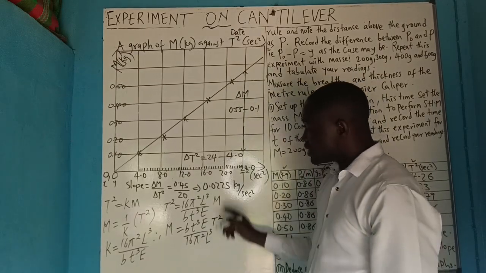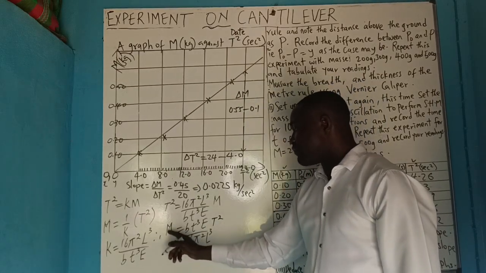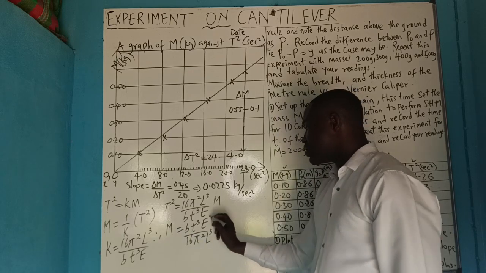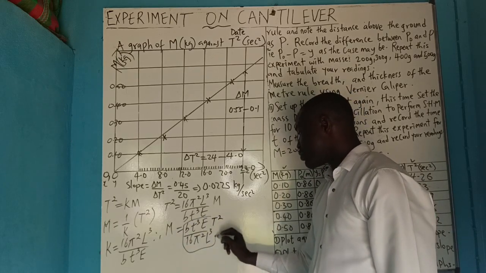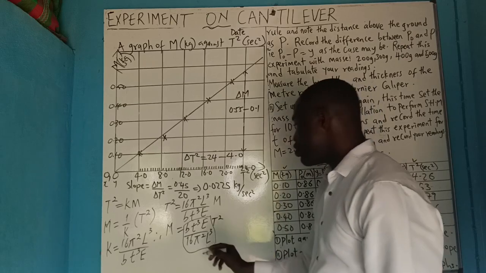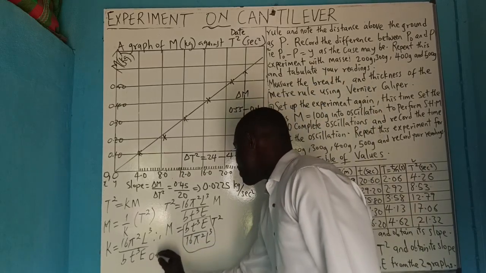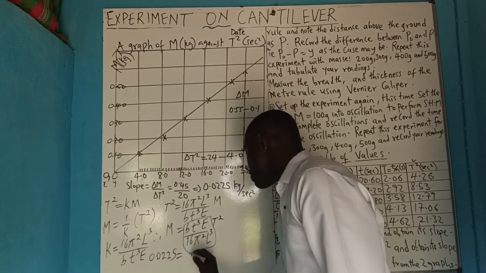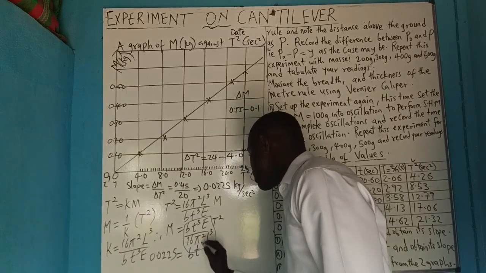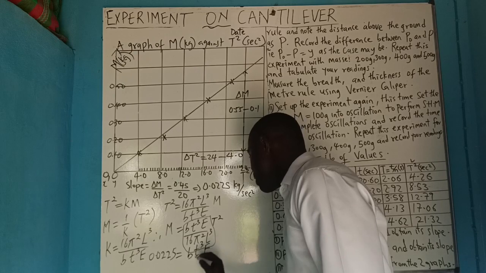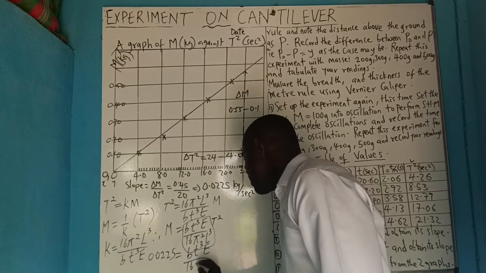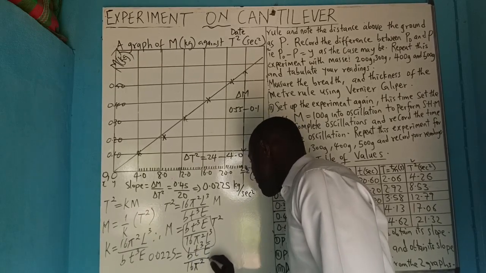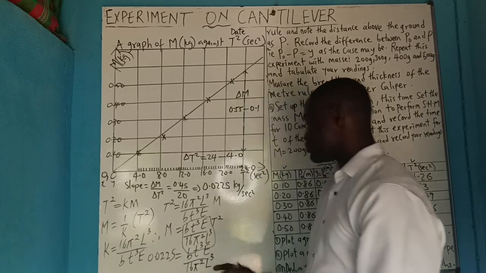So when you plot the graph of m against t square, this will be your slope. And what is our slope? 0.0225 is equals to bt cube E all over 16 pi square L cube.